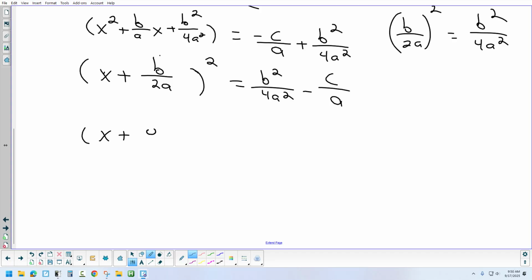Now, if I want to combine these two fractions together, what do I need to have on the right to do that? Travis, what do we need to combine these two fractions together?